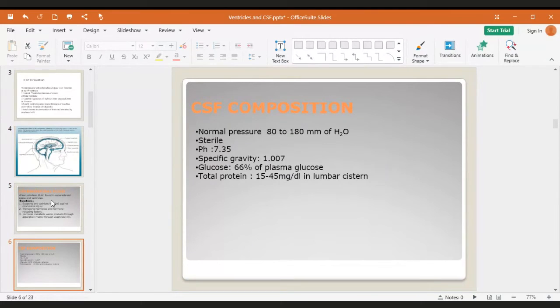CSF pressure is 80 to 180 millimeters of water. CSF is sterile. pH is slightly acidic because carbon dioxide is slightly more in CSF. The specific gravity of CSF is 1.007. Glucose is two-thirds of the plasma glucose, that is 66%. Total protein is 15 to 45 milligrams per deciliter in the lumbar system.